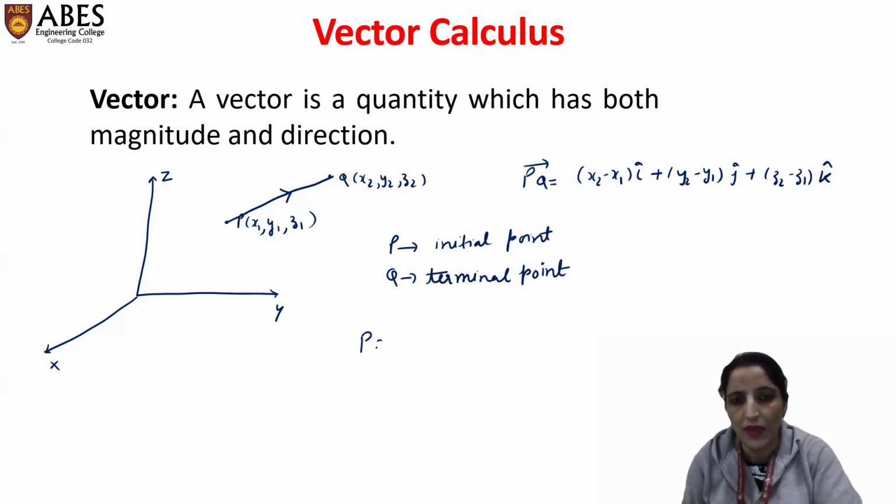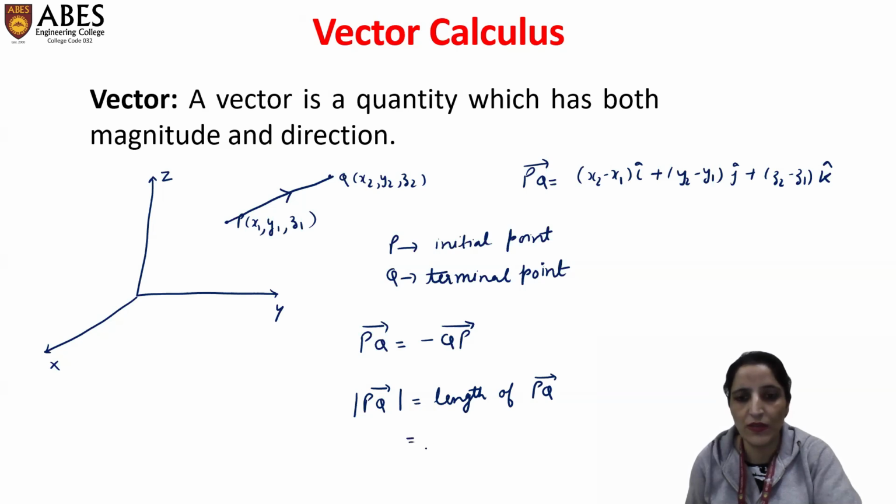And as the direction changes, the sign changes, that is PQ vector is negative of QP vector, and the magnitude of PQ vector is nothing but the length of vector PQ.